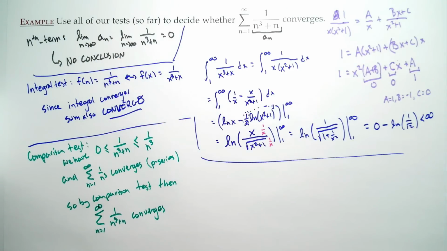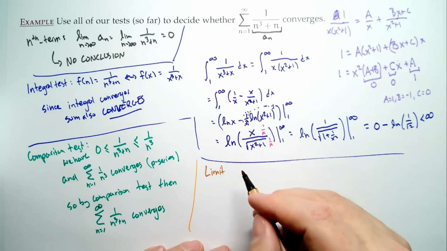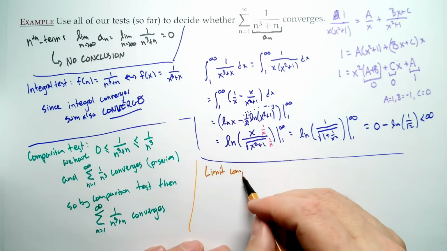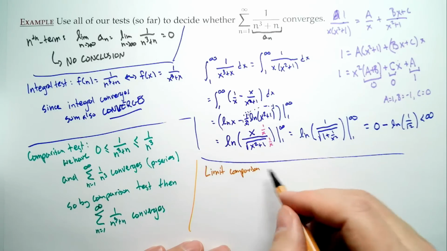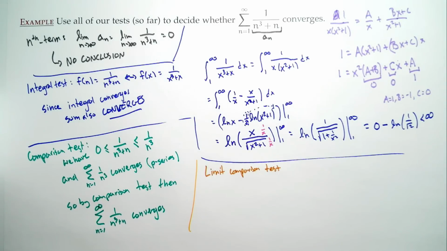All of our tests. So what's the other test? It is the limit comparison test. Now, limit comparison test is a little bit more general than the comparison test. But in some sense, we're going to feel like it has the same sort of behavior. So the way I like to think about limit comparison tests is to ask, what's important?